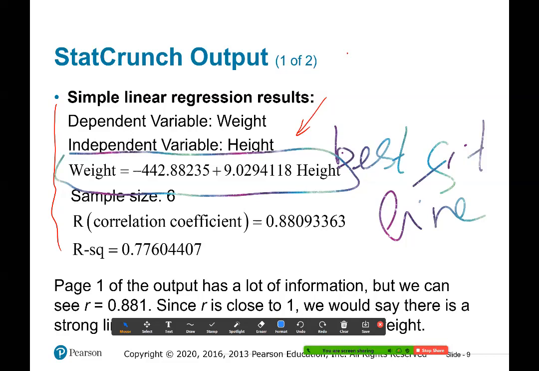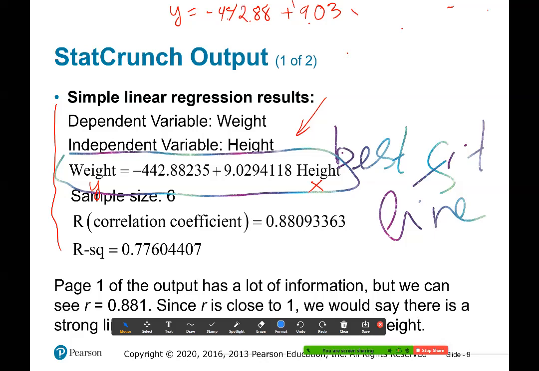If you represent weight as y and height as x, then you can rewrite it as y equals negative 442.88 plus 9.03 x. I rounded to 2 decimal places because I don't want to write too many digits.